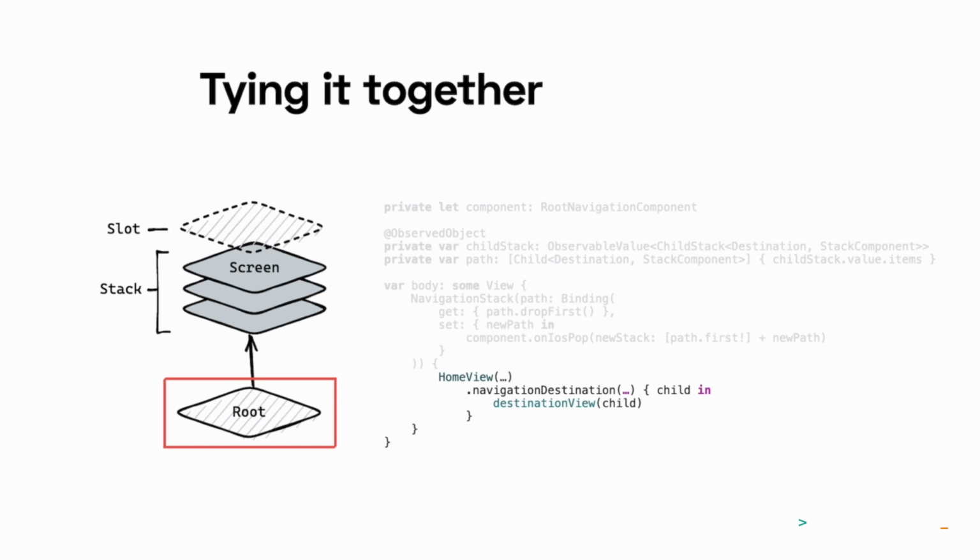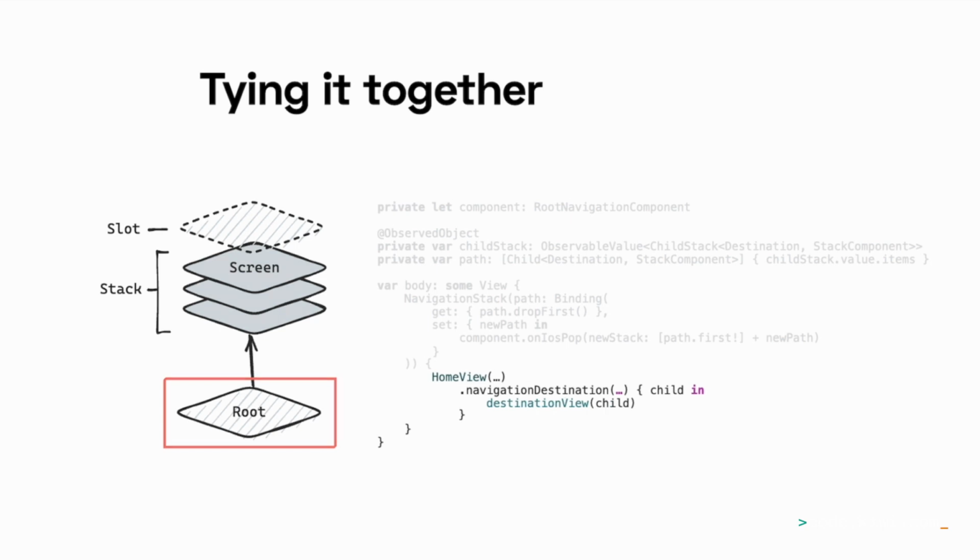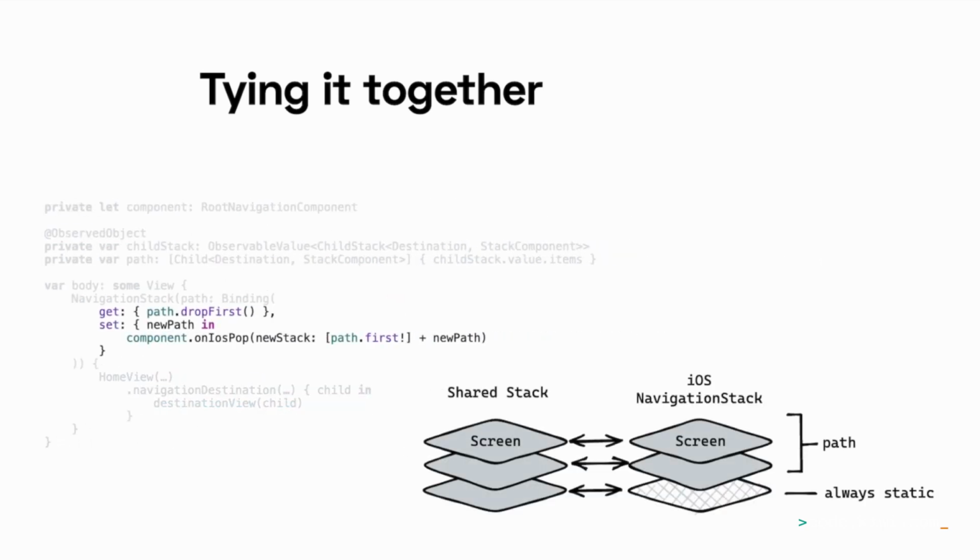And on that view, you apply a navigation destination modifier, which means that you must always assume there's at least one child on the Kotlin stack, and you must pull it out of that stack and make it transparent to the SwiftUI navigation stack view's path binding.